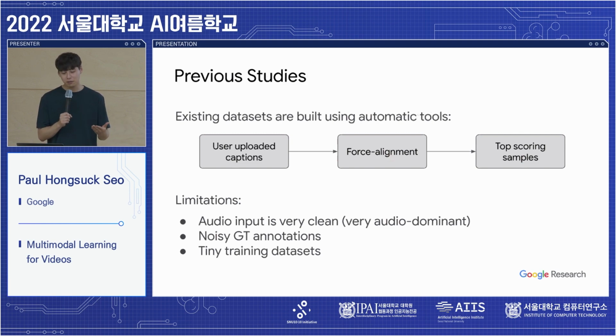So these samples are very audio dominant, and without visual information, most of the examples can be correctly transcribed. And the ground truth transcriptions are also noisy because they just use the user-uploaded captions. As you can imagine, user-uploaded captions may contain errors. As an example, some speaker names sometimes come before what they said in the captions.